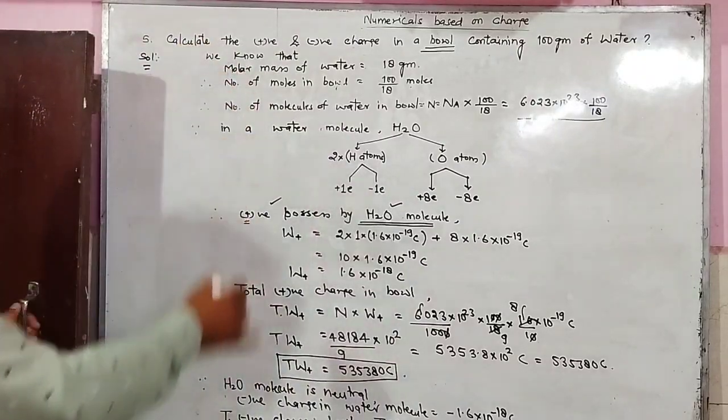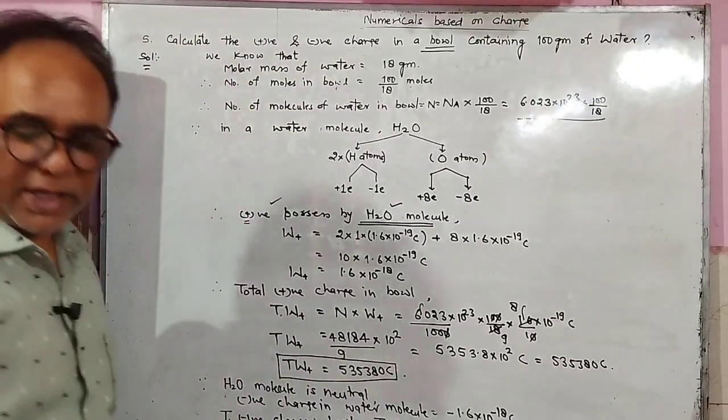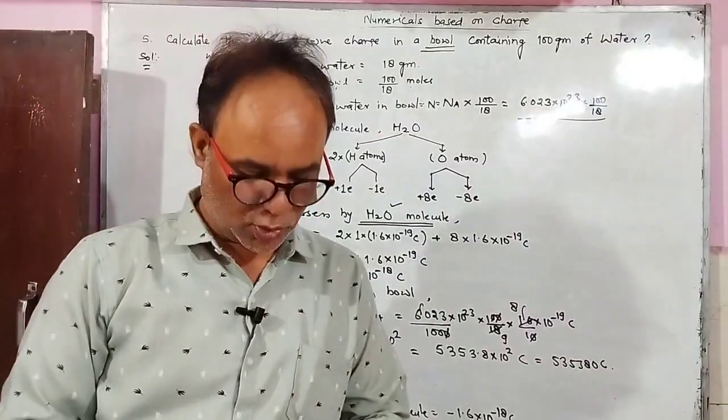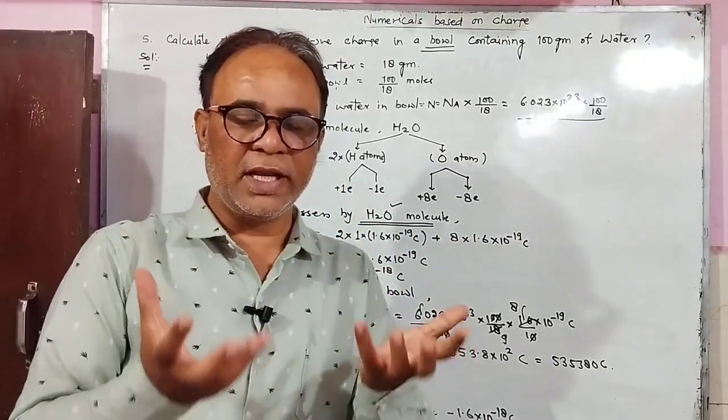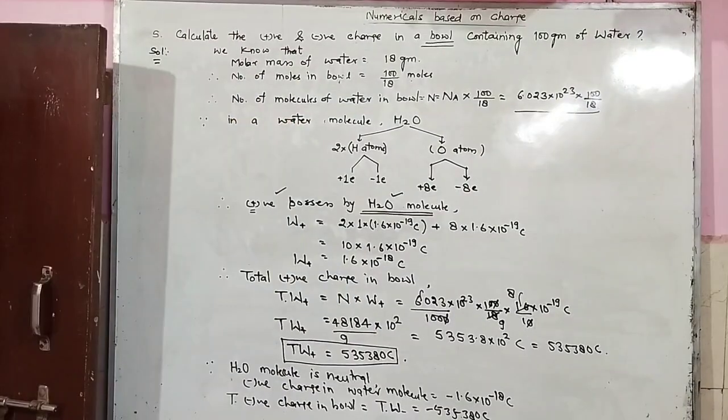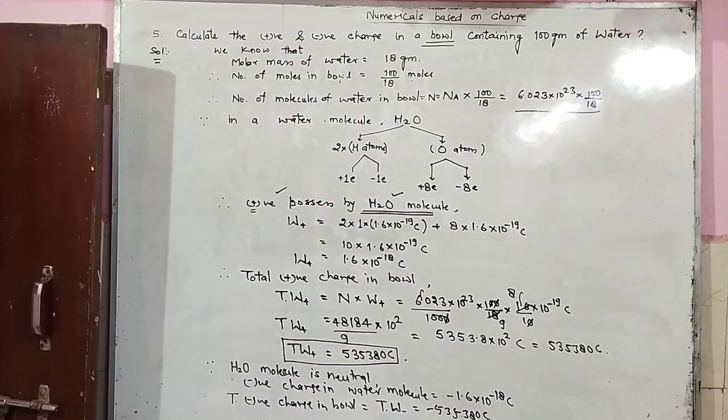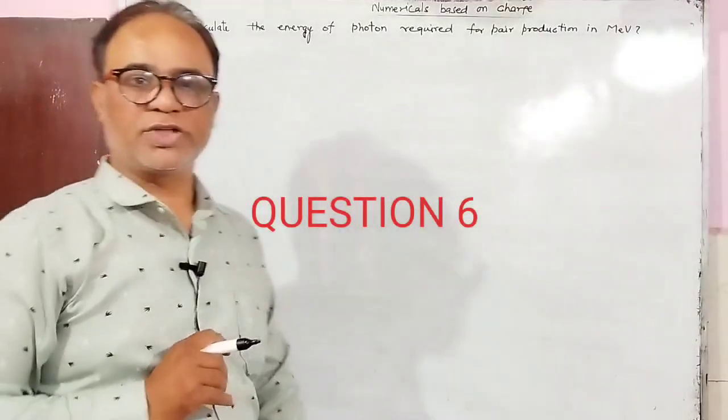So this is the solution for the question. How can we easily calculate the total charge possessed by the given amount in a container? Let us see the next question.